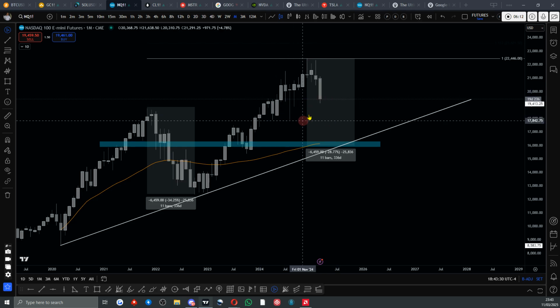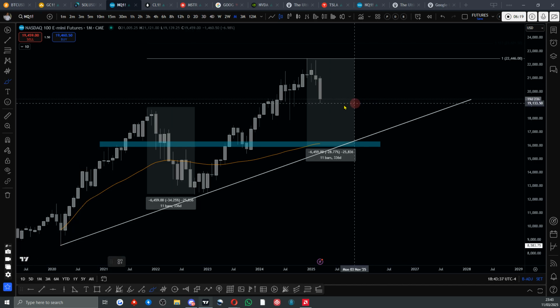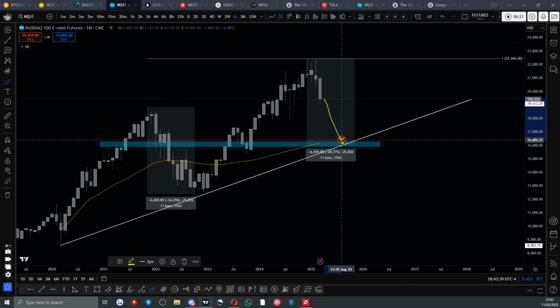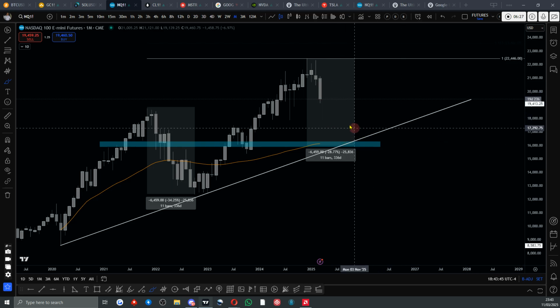This same pattern could also play out again. I'm not suggesting that it's going to be one straight line to the downside. We also have 19 days left of this candle, so we're going to have to monitor that over the remainder of the month.